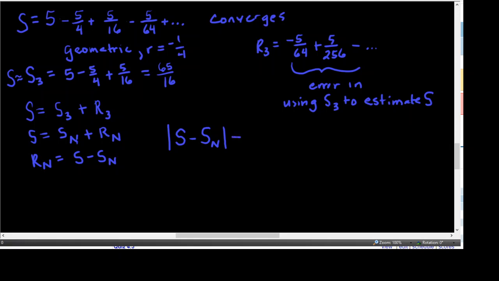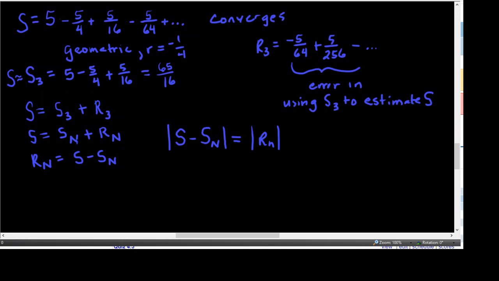And if I take the absolute value on the one side, I'll take the absolute value on the other side as well. Okay? And the theorem that I'm looking at, Theorem 9.15, says that if we have a convergent alternating series, then of course a sub n plus 1 is less than or equal to a sub n.